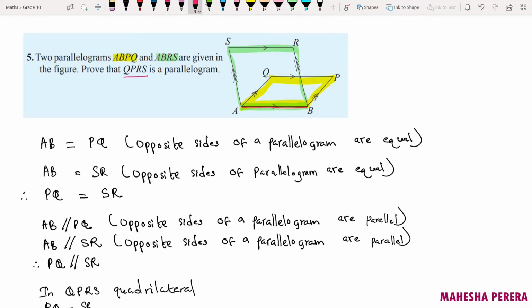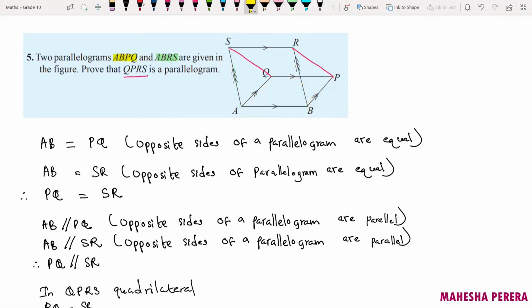QPRS is a parallelogram. So where is this QPRS? QPRS, right? This means we need to connect these 2 points, right? So we can find out our quadrilateral. And we need to prove that this quadrilateral is a parallelogram, right? Right. Now notice this.